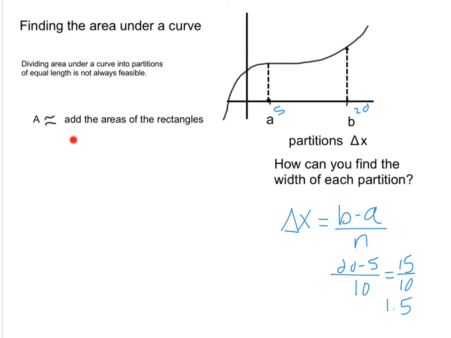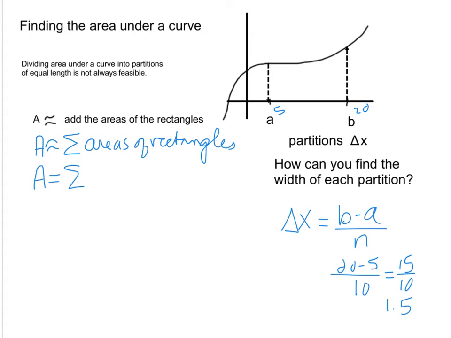And so to do this by hand, what we did is we found the area under the curve to be the addition of the areas of the rectangles that we divided this piece into. But we could take that a little further. We could use notation that said the area would be about the sum, remember the summation, of the areas of the rectangles, using the summation notation. And we could say that the area is equal to the sum of the area.